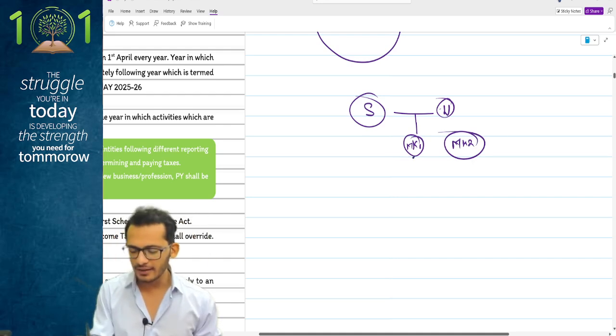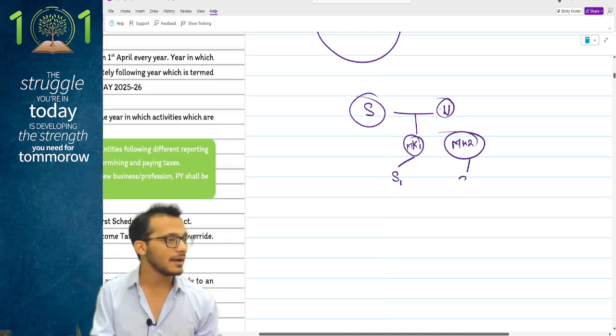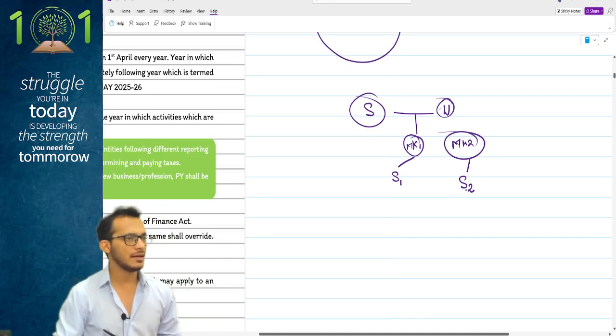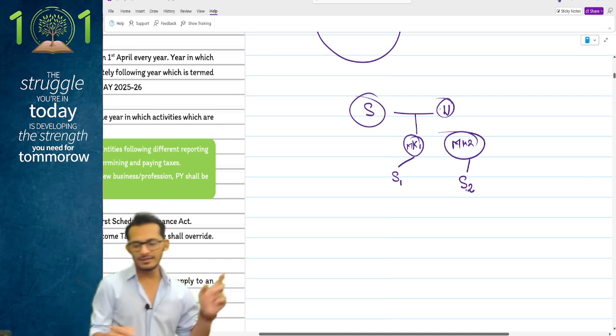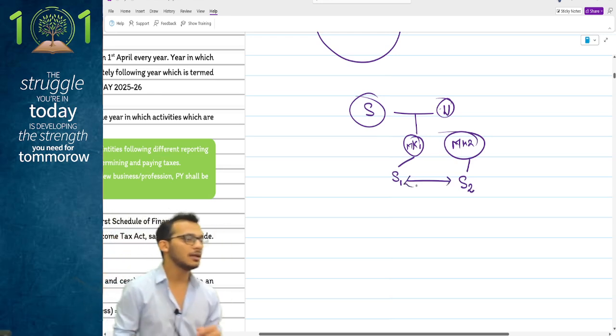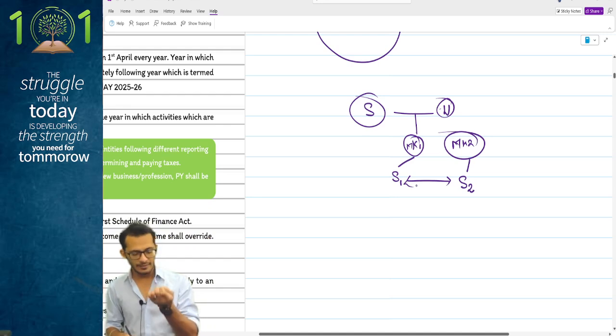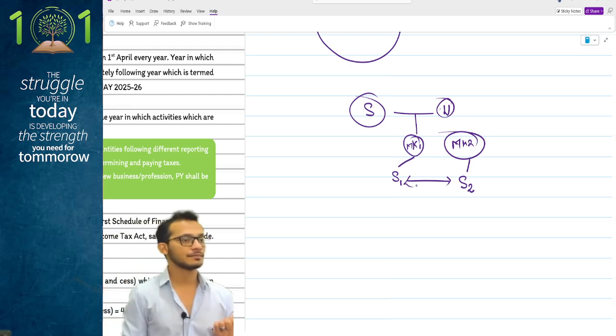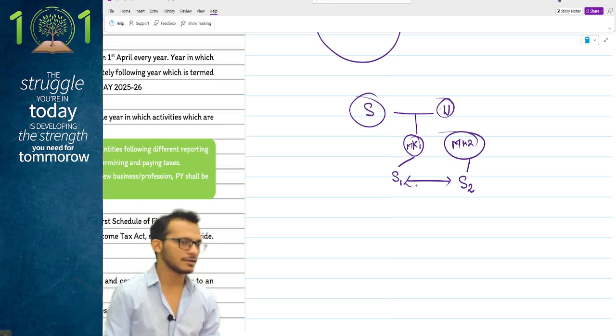Now male kid 1 got married and has a son. Male kid 2 also got married and he has a son. So son 1 and son 2. Now the question is, Rahul, they both are planning to gift each other.